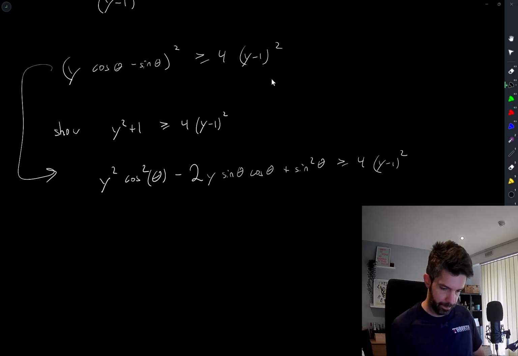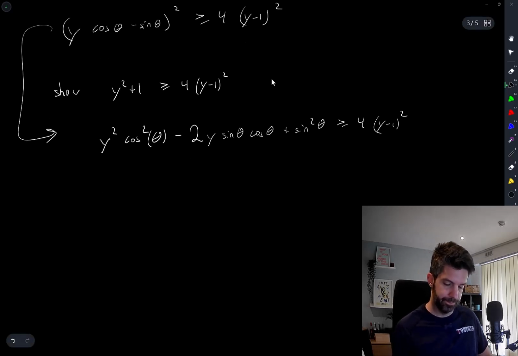So if I just make things on the left-hand side bigger, I can't go wrong.